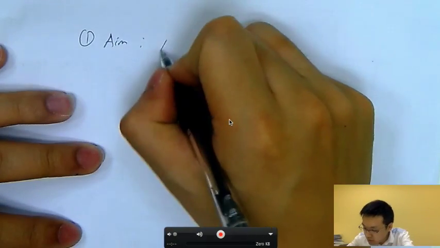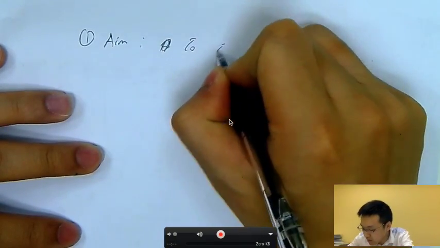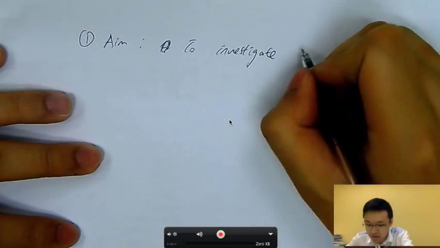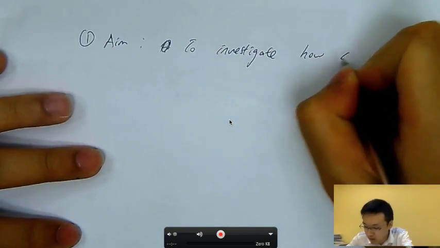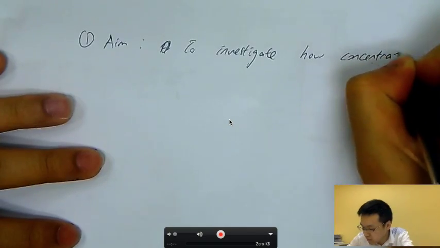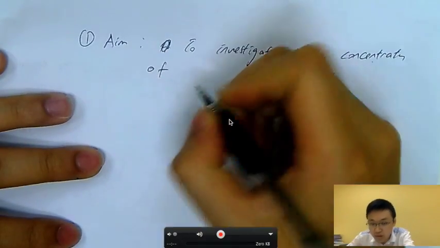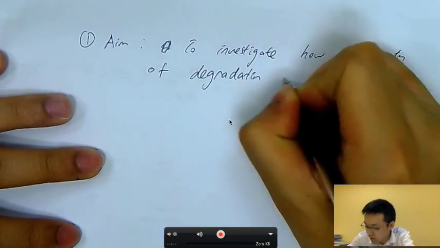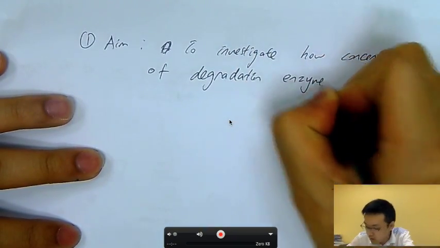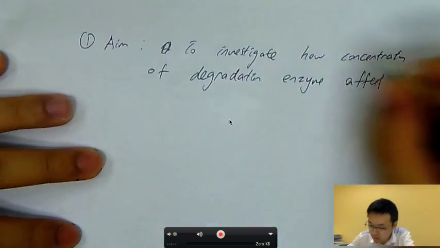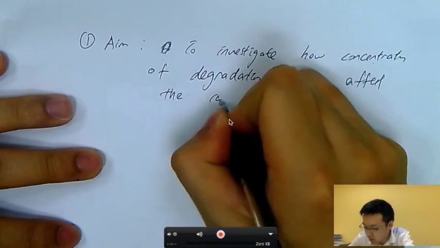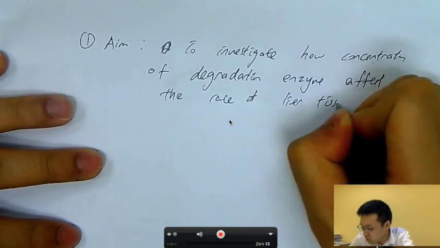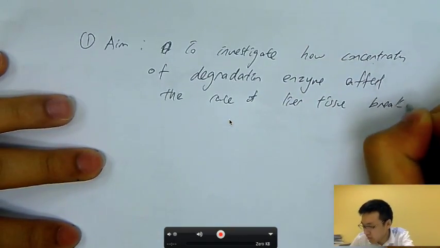The aim for the design lab, as an example I'll give you, is: to investigate how concentration of degradation enzyme affects the rate of liver tissue breakdown.